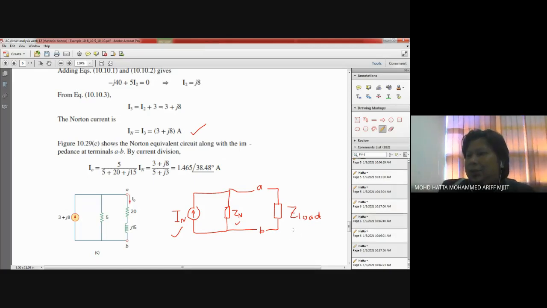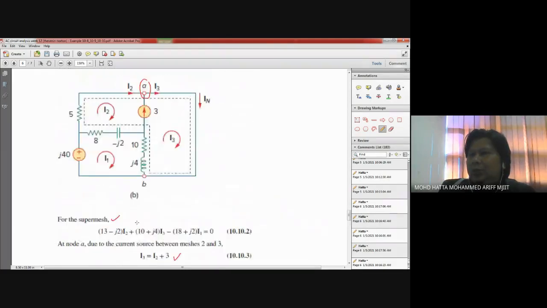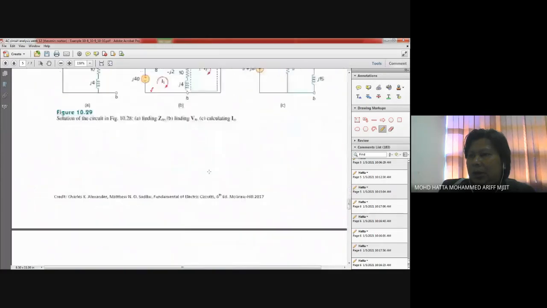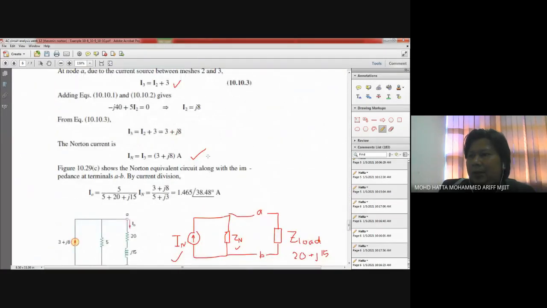So this Z load is basically 20 plus j15. And in the question, we try to calculate the current flowing through these two elements, or through terminals A and B. Up until this point, we only have the value of IN.